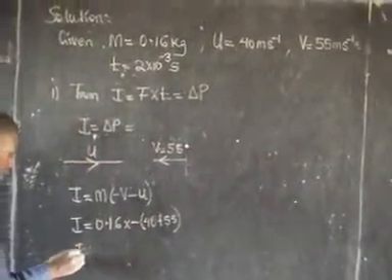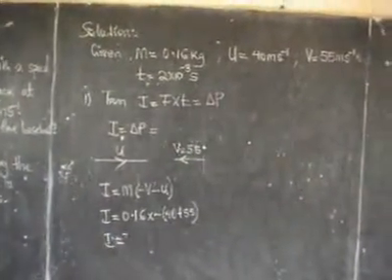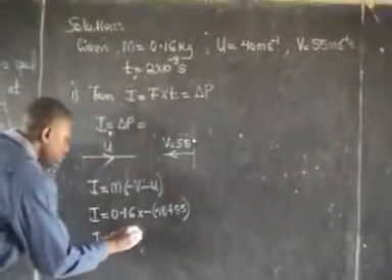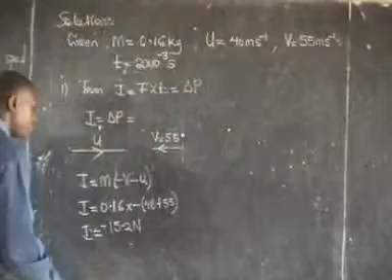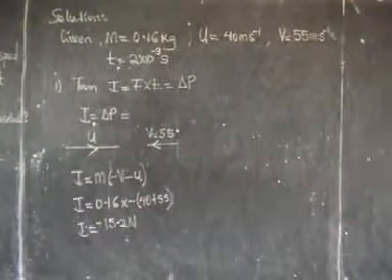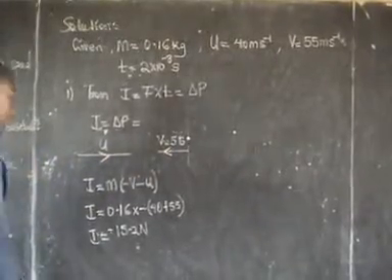When you simplify that, you get negative 15.2 newton-seconds. The negative indicates a force in this direction, and so this is newton-second.